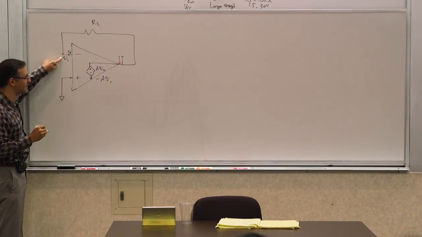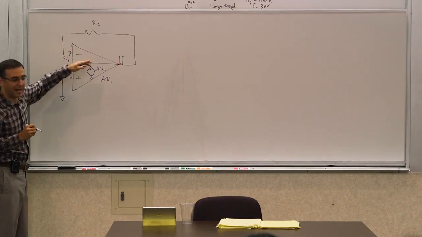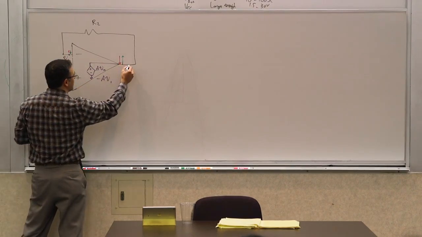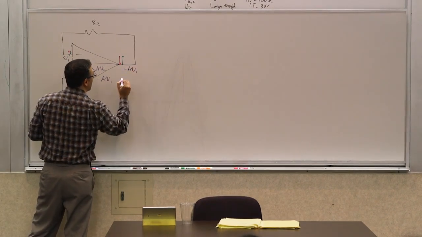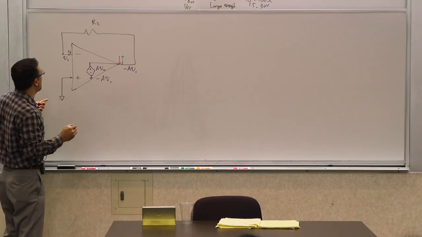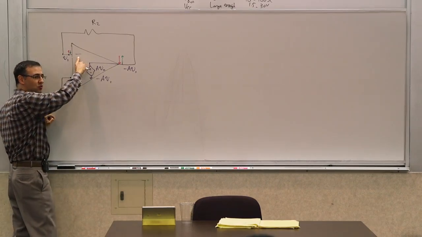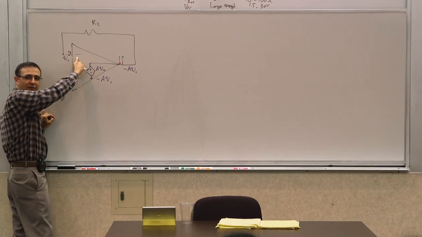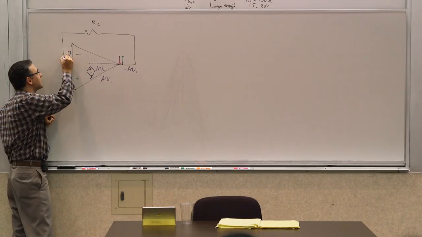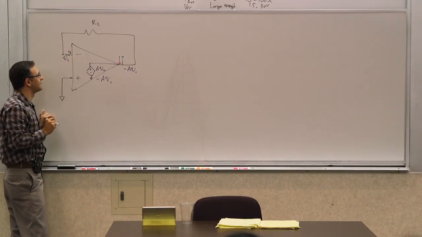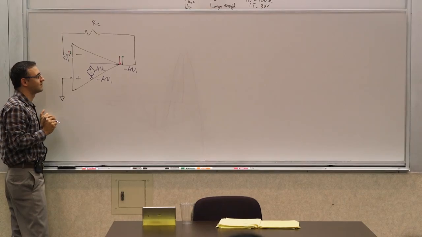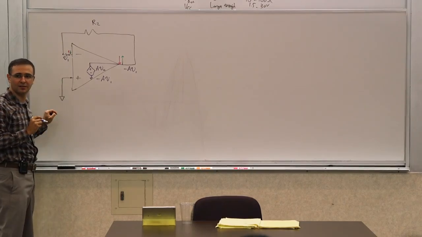This minus that, and gets amplified by that. But now, if the input resistance is truly infinity or very large, what is this current? That current is 0, right?